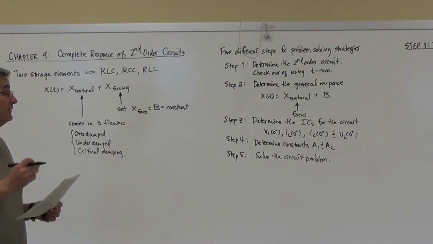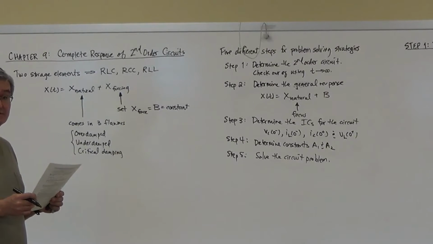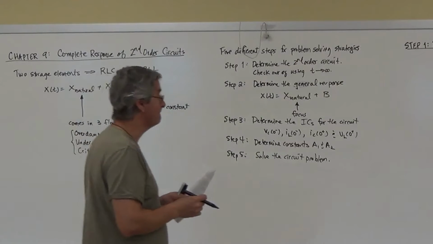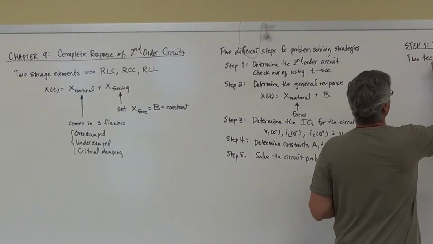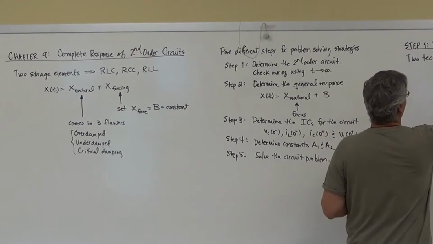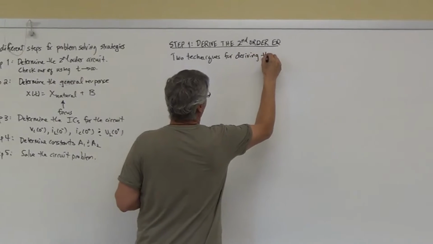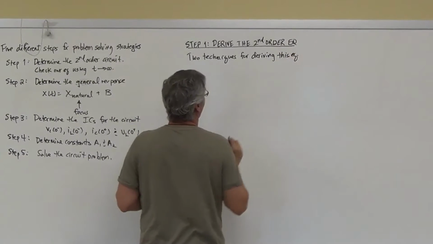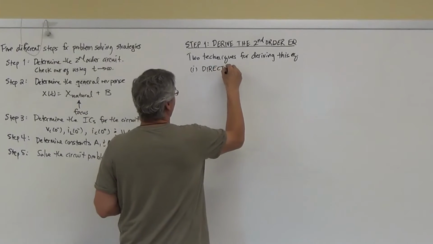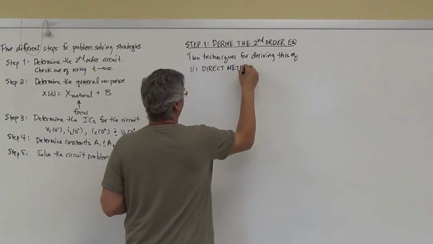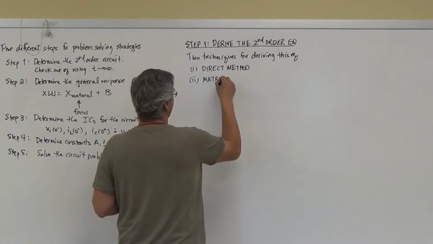So what you're going to find here is that there are 2 techniques for deriving this equation. And you're going to see that one technique is known as the direct method, and the other one is known as the matrix method.